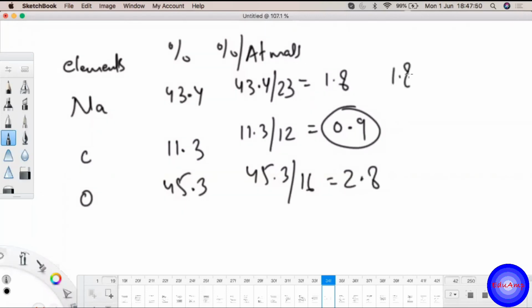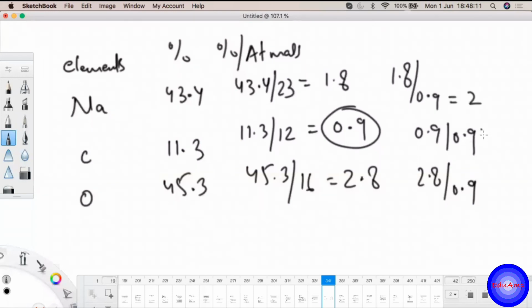So 1.8 divided by 0.9, 0.9 divided by 0.9, and 2.8 divided by 0.9. So 1.8 divided by 0.9 is 2. This is 1. And 2.8 divided by 0.9 is approximately 3. Therefore, the formula is Na2CO3. All good?